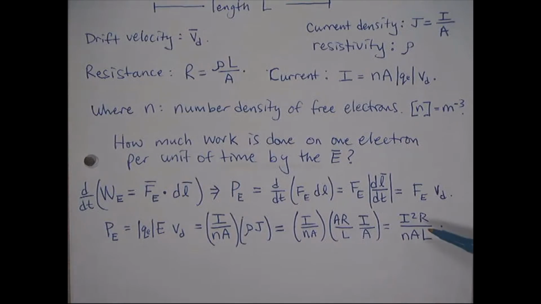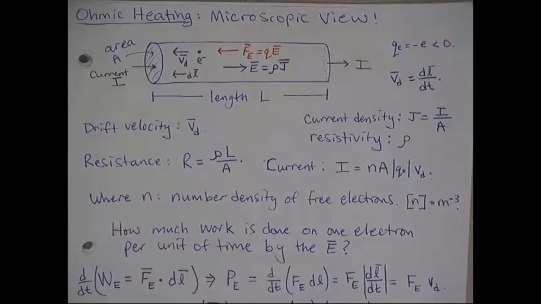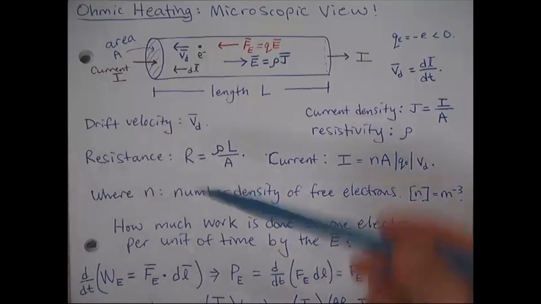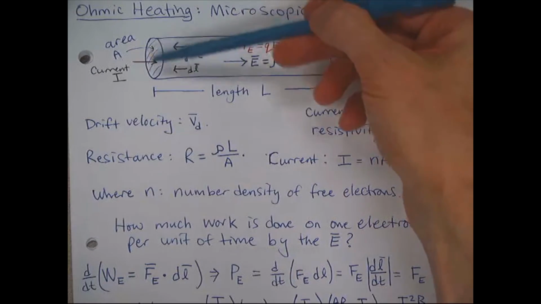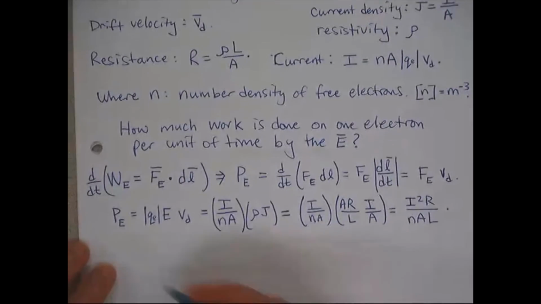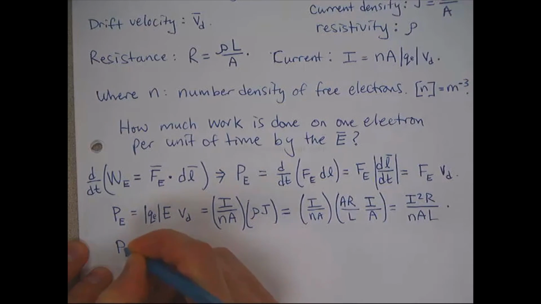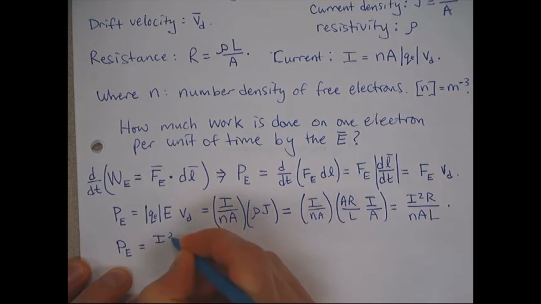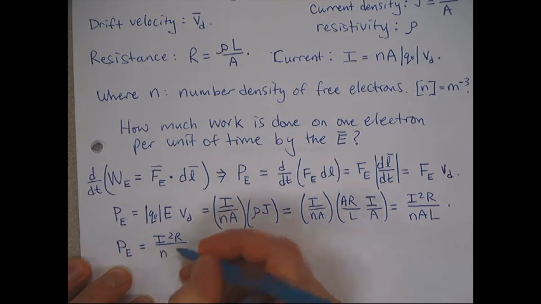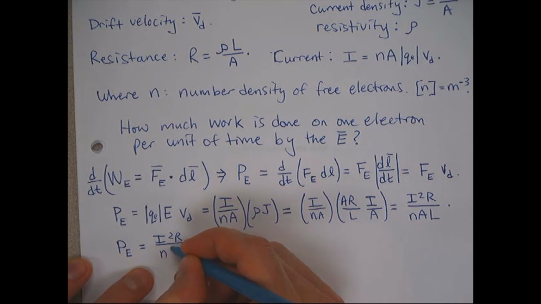Well, we have something that's starting to look like I squared R, ohmic heating. What is this lowercase n AL? What is AL? Well, area of the base of the cylinder times the length is its volume. So the power input here is I squared R over lowercase n volume.